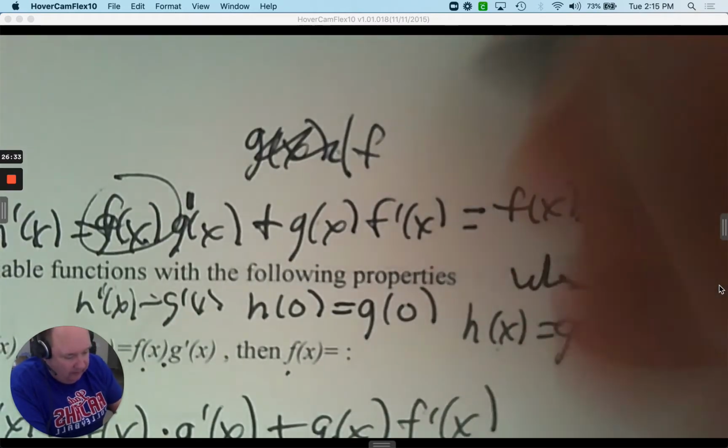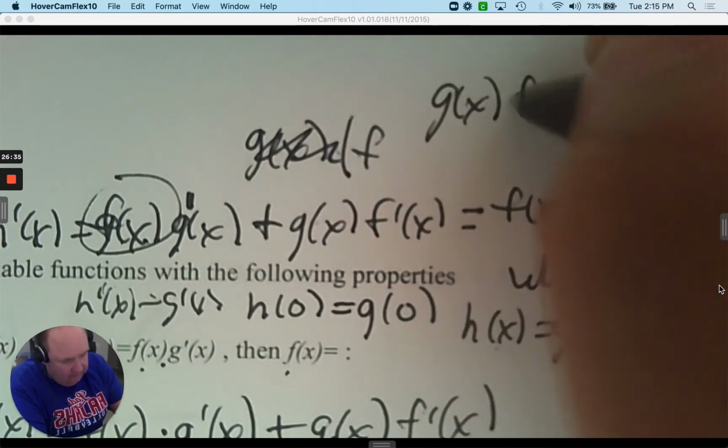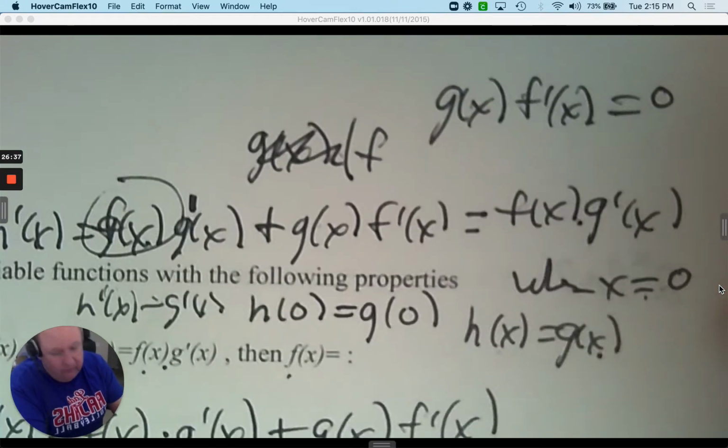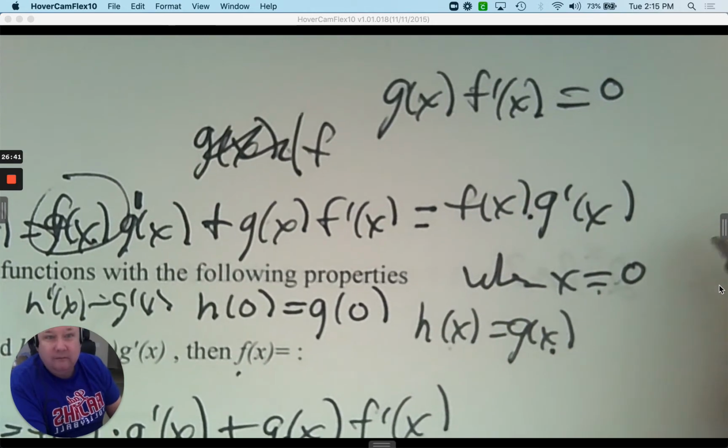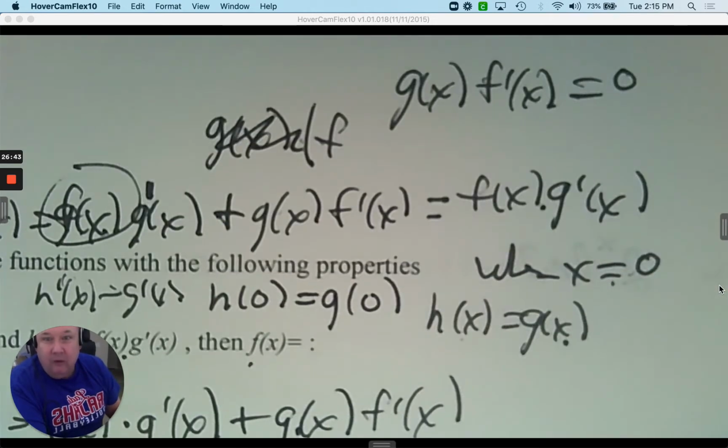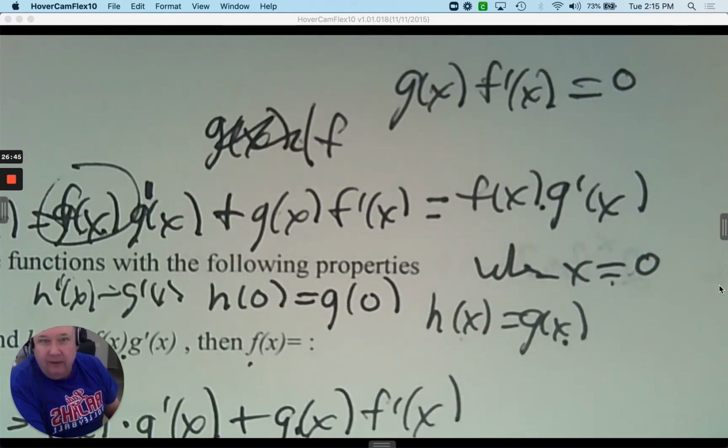If I subtract it, then I get g at x times the derivative of x equals 0 if you're subtracting. My goal is to find what f at x is, however.